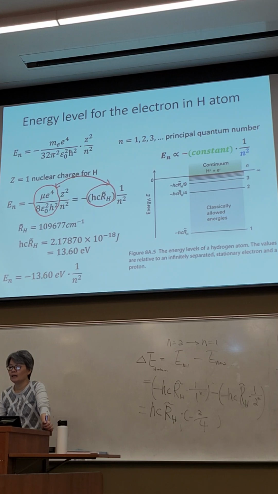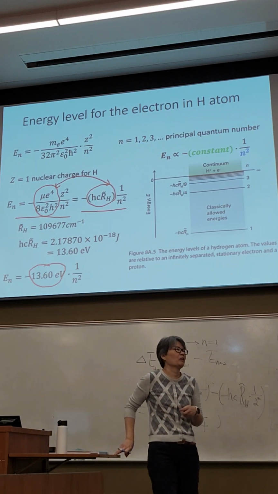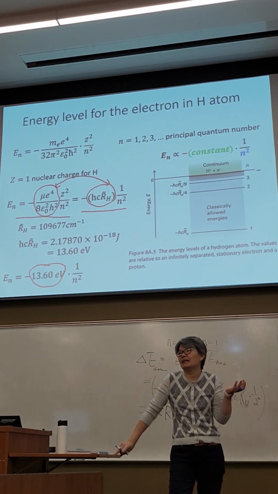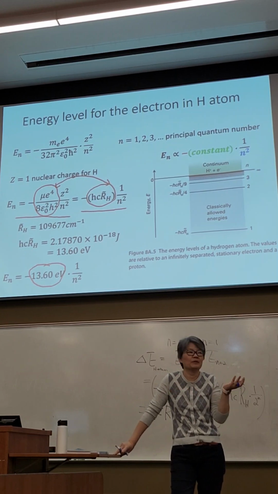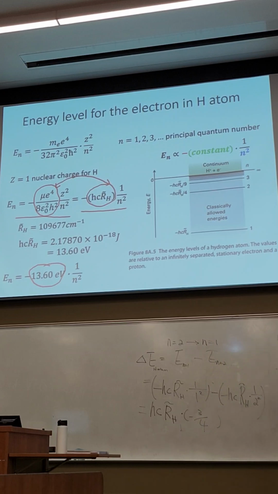You can write it in terms of this generic form, or in terms of the Rydberg constant. But if you put all the constant numbers in, that equals 13.6 electron volts. That makes our life so much easier. All these constants for the hydrogen atom equal 13.6.